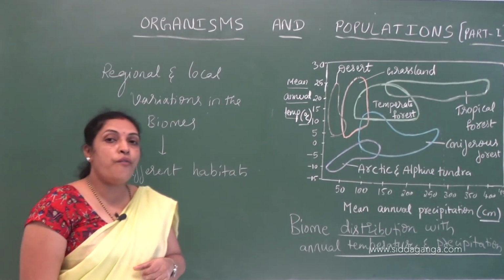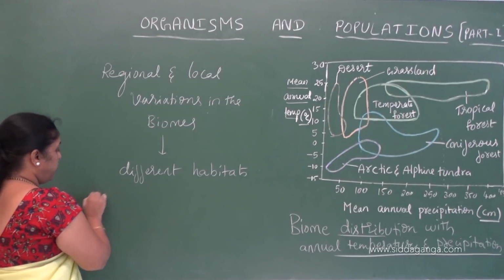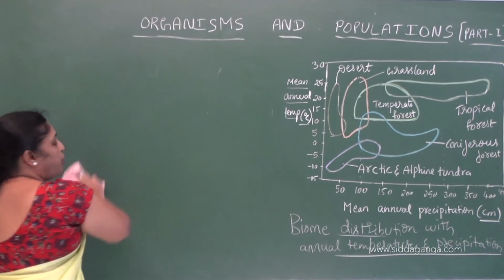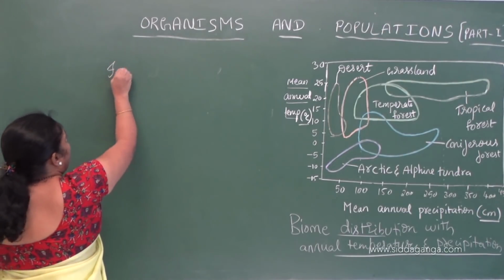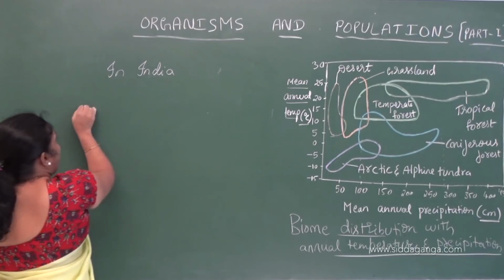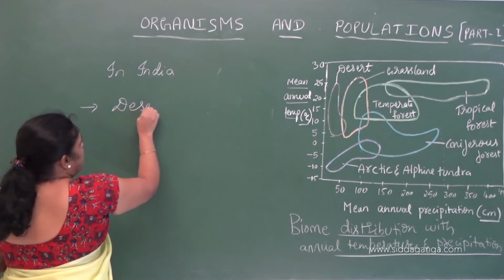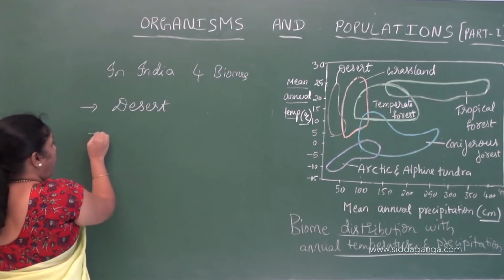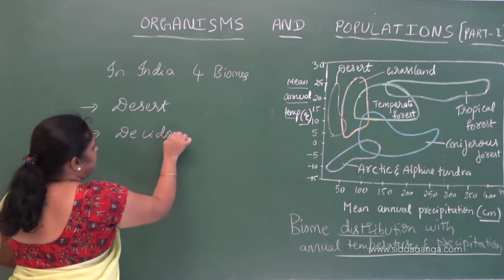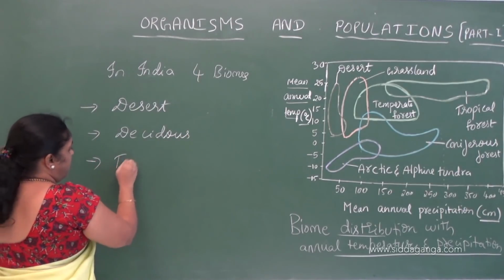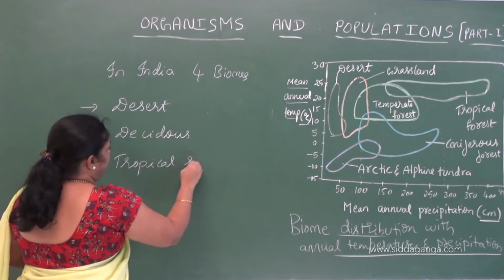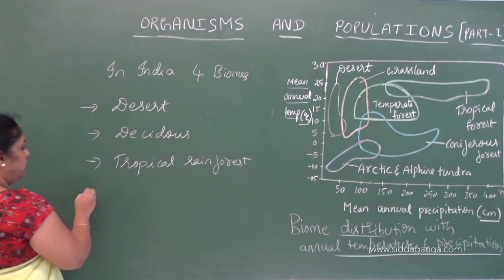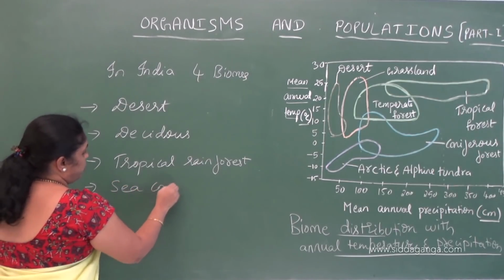And in India, we have 4 important biomes. 2 marks question: Name the biomes present in India. So in India, we have 4 biomes. One is desert, deciduous, tropical rainforest, and sea coast.